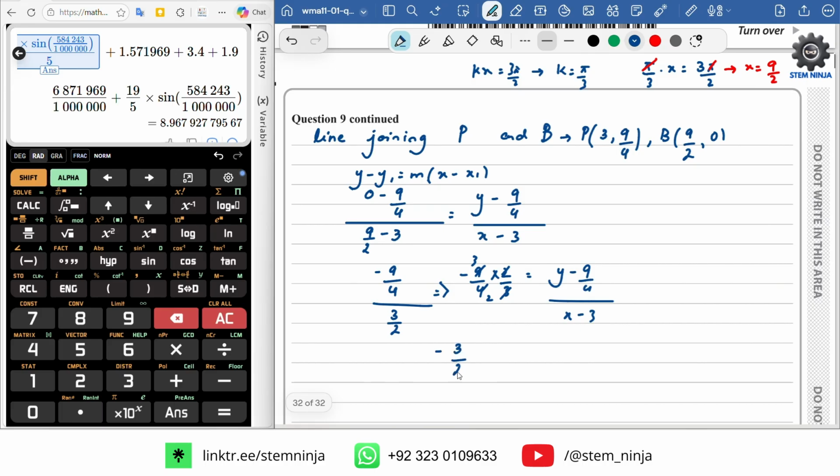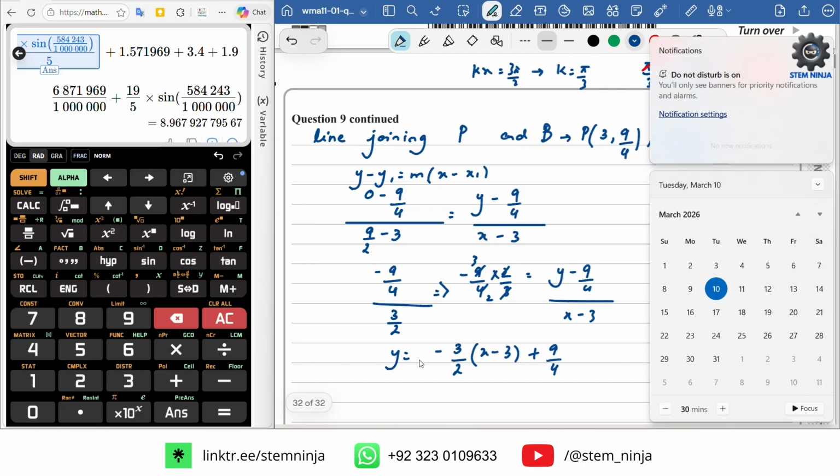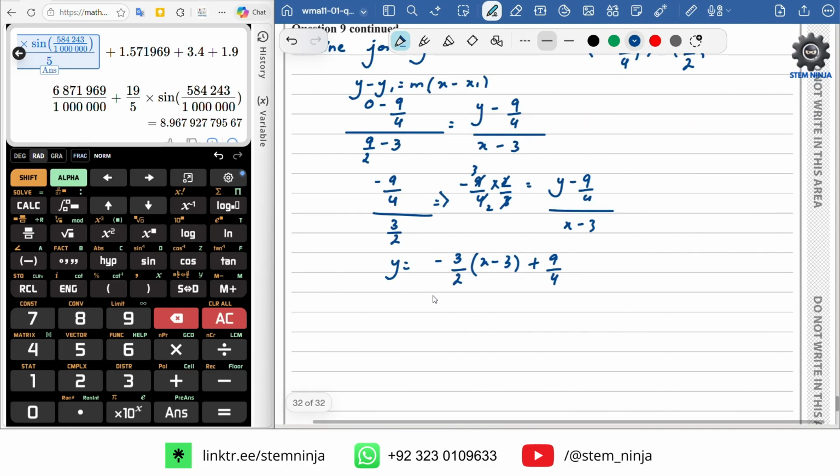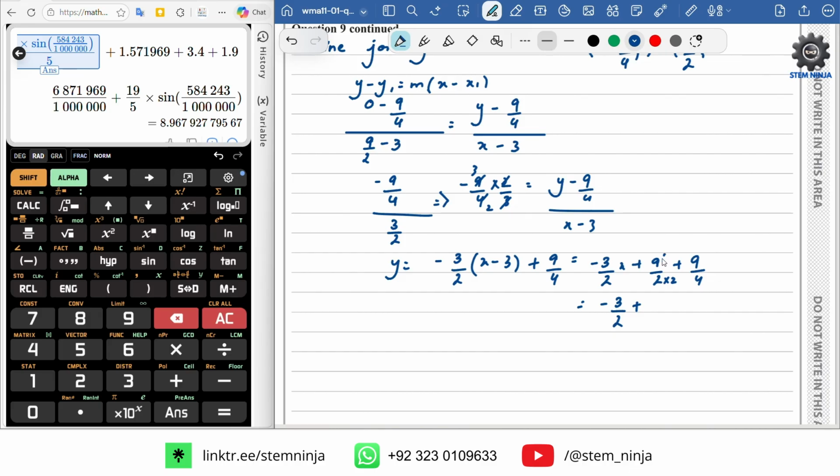So y equals minus 3 by 2 (x minus 3) plus 9 over 4. Simplify this further: minus 3 by 2 x plus 9 over 2 plus 9 over 4, so 18 plus 9, 27 over 4. This is our line joining P and B.